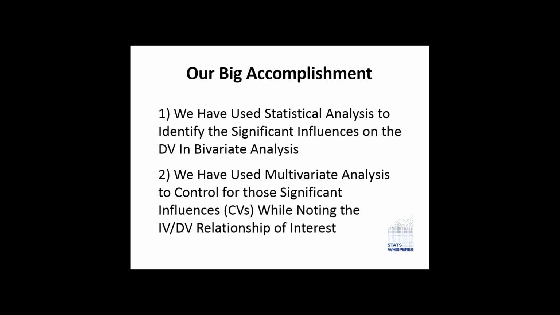So this is our big accomplishment, what we've accomplished with all these numbers, okay? One, we use statistical analysis to identify significant influences on the dependent variable in bivariate analysis. Two, we use multivariate analysis to control for significant influences of covariate variables while noting the independent-dependent variable relationship of interest.